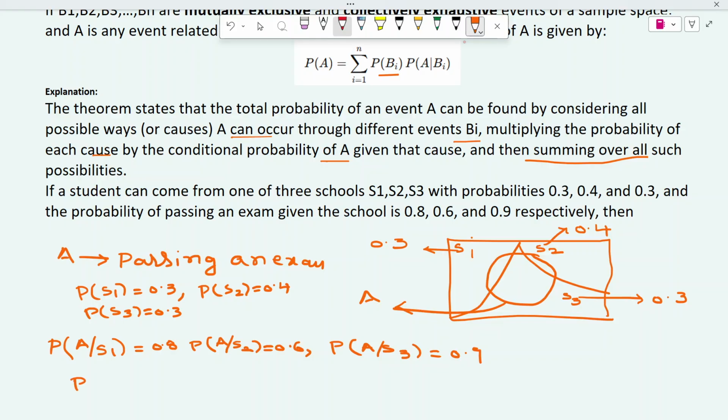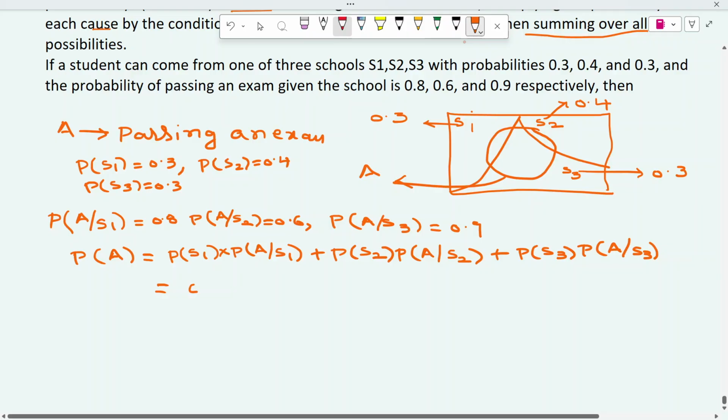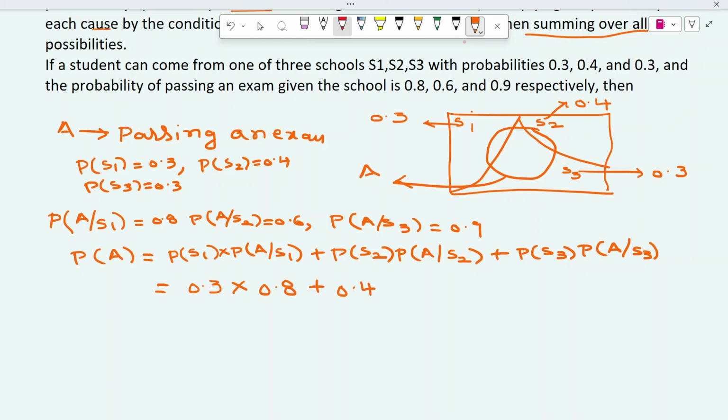Now what is the probability of his passing the exam, whether he is coming from school S1, S2 or S3? We simply multiply the probability of S1 by the probability of A given S1, plus the probability of S2 times the probability of A given S2, plus the probability of S3 times the probability of A given S3. That is 0.3 into 0.8, plus 0.4 into 0.6, plus 0.3 into 0.9.